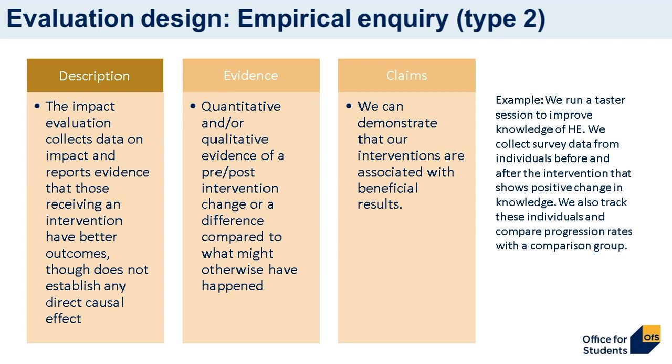And I would say that the majority of widening participation, AMP, activity evaluation falls into this type, empirical inquiry. But that is obviously going to include a wide range in terms of the quality. So what these types don't do is measure the quality, because there's various ways that you can improve the delivery of your evaluation within these different types.